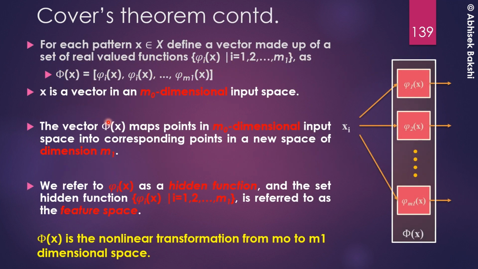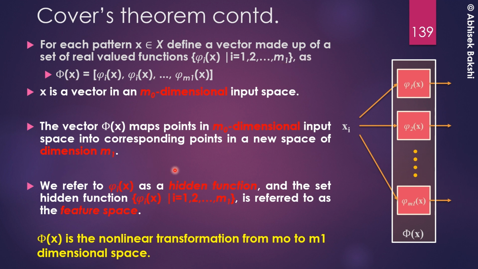Why am I saying this? Because I have written here this small x, which is a representative of x1, x2 till xn, which belong to capital X. That's why m0 is the dimension of a single element of set capital X. And here I have created a vector of real valued functions, and that vector dimension is m1.